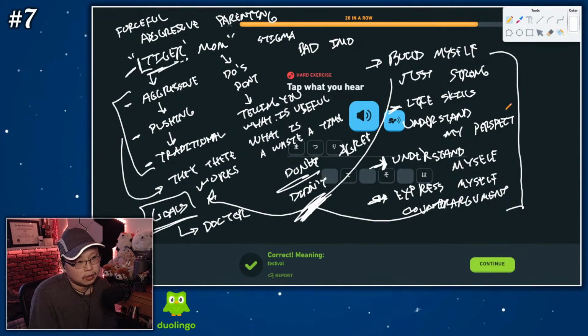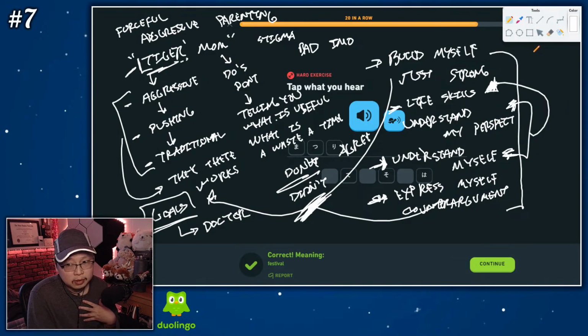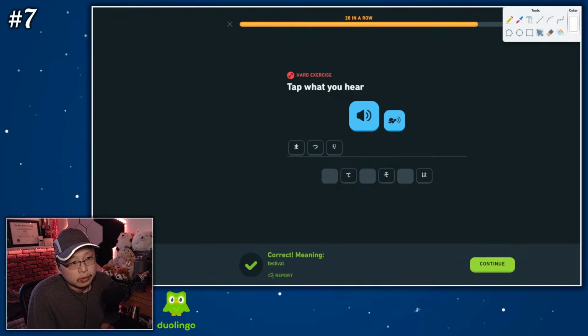And while you're doing all of this, understanding yourself, understanding other people's perspective, you're developing life skills. And life skills go a long way. And one of the biggest life skills that you're developing, in my opinion, as an adult, as a stranger online that you just met, is when you are learning anything that is tough.